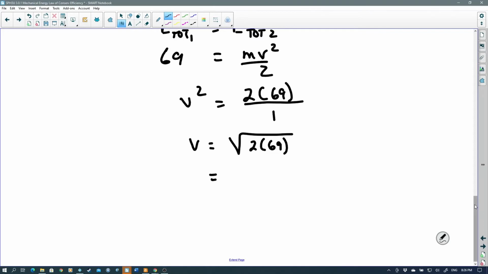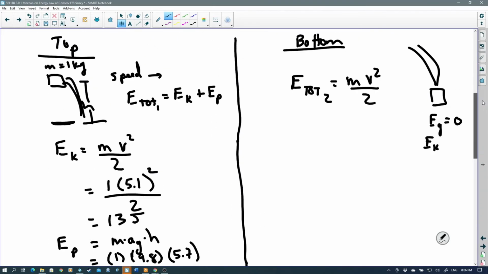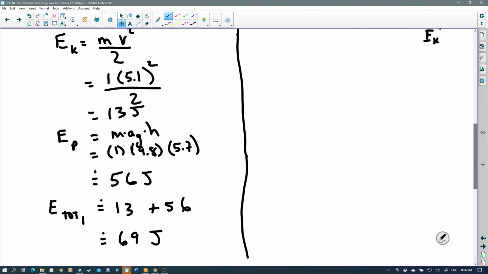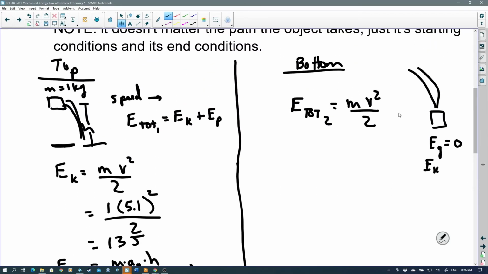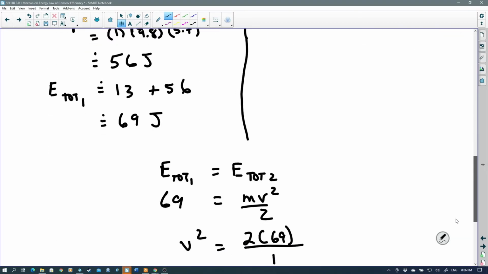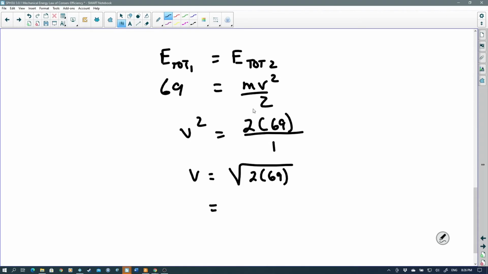And this can all be done because of the law of conservation of energy. You calculate the total energy before, which is just the sum of all of the energies that are involved. Kinetic and potential are the only two in this case. You look at the other side and you do the exact same thing. You realize that at the bottom of the falls, the gravitational potential energy is 0. The only thing that's left is kinetic energy. You make the two total energies equal to each other, and then you just isolate for the variable you're looking for.